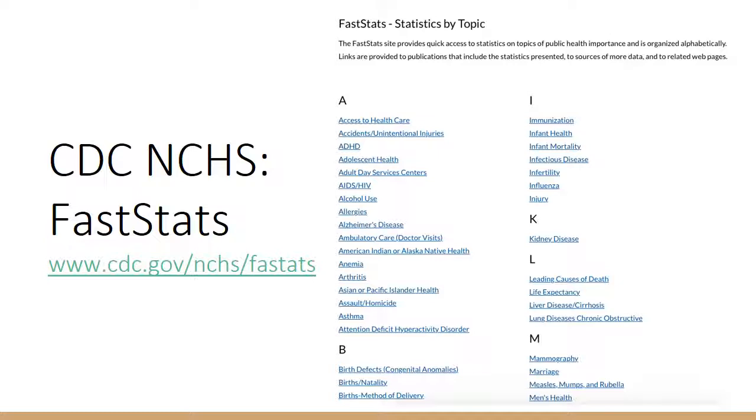They have topics listed alphabetically. Some include adolescent health, asthma, birth, natality, immunization, kidney disease, mammographies, all kinds of things, as well as more. But this is a great place if you just need a quick overview.